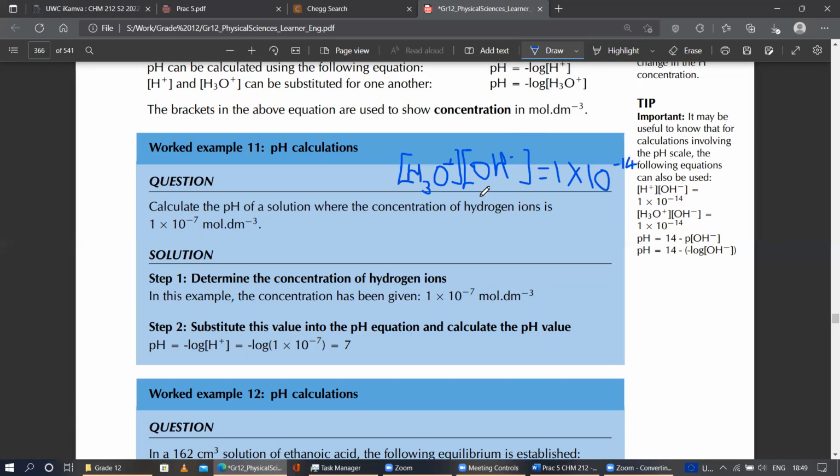The same applies if it's a proton and a hydroxyl ion.